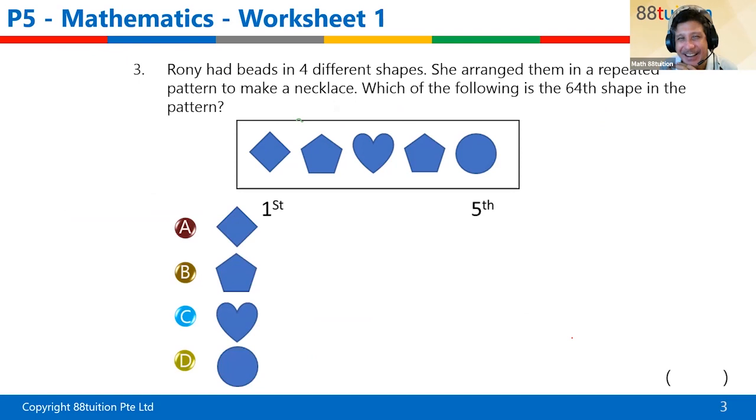Then the number they're asking us to do is 64. Yes, 65 will always be a circle, so you just minus 1. Very good. So all the 5s are the circle. All the 4s will be this 5-sided figure, which we call a pentagon. You are correct. Well done. So far so good.